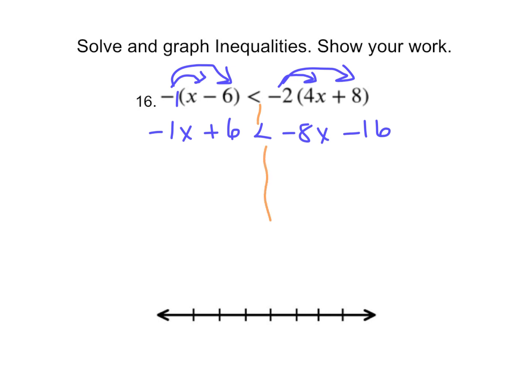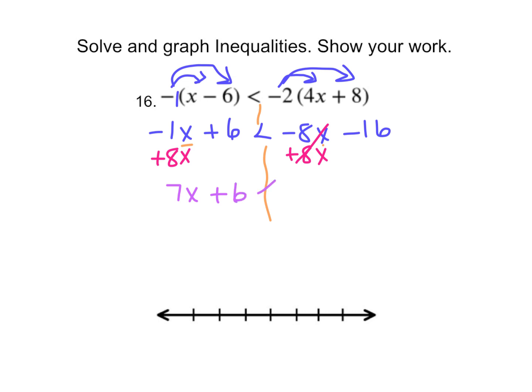All right, next let's get our variables together because we have x's on both sides. I like to move the smaller amount to join the bigger amount. So the smaller amount of x's to join the bigger. So I'm going to add 8x to both sides. Negative 1 plus 8 is 7x.